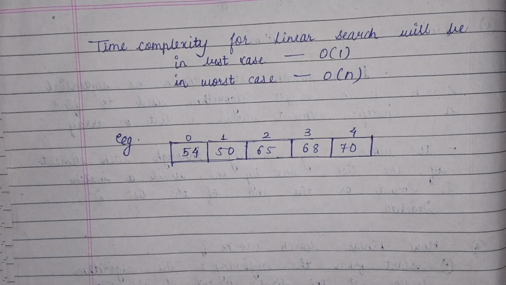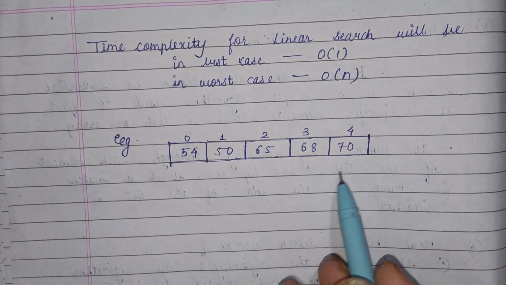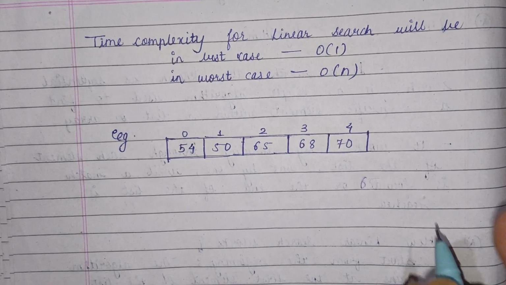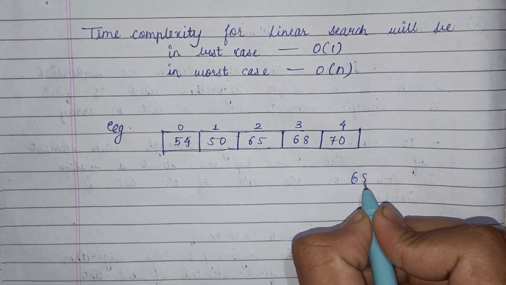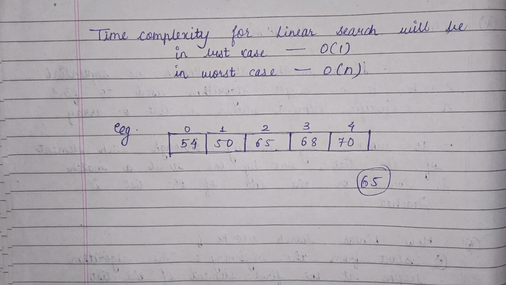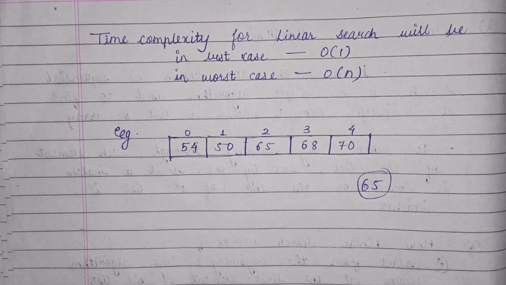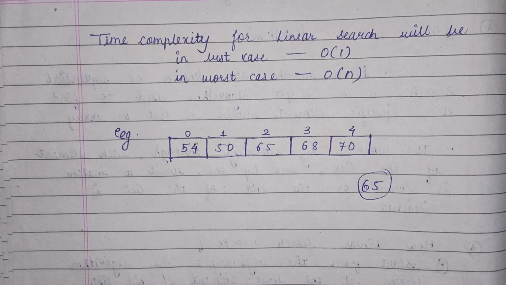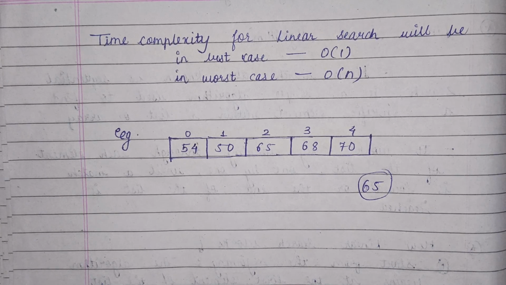So here we have 5 elements in the array, and suppose we have to find the 65 element from this array. So what we have discussed in the previous points, the algorithm starts with the starting element of the array list.